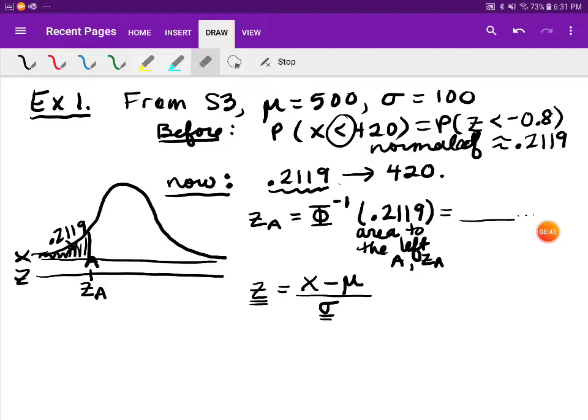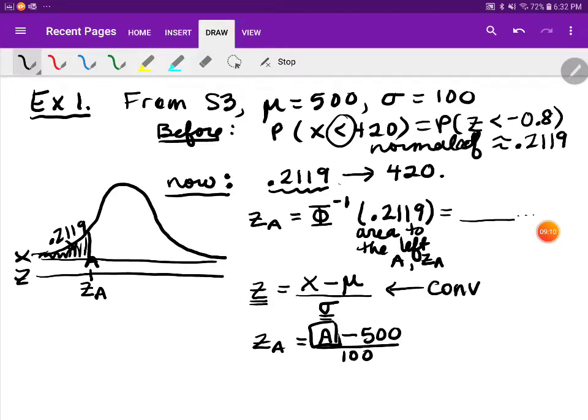Okay, so the ZA is a number, a decimal, but I just call it ZA. X is A, if you look at the number line. Mu is 500, and sigma is 100. So then I need to solve for A. Now you guys are awesome at math, so you know how to solve for A. You don't really have to memorize this conversion formula.